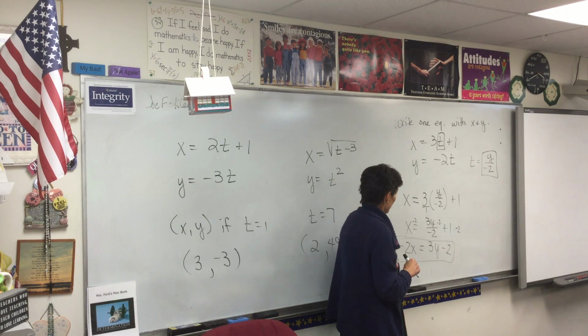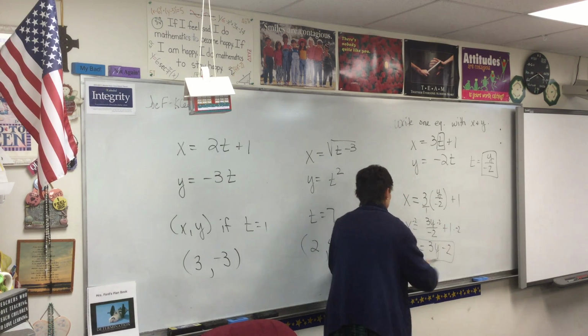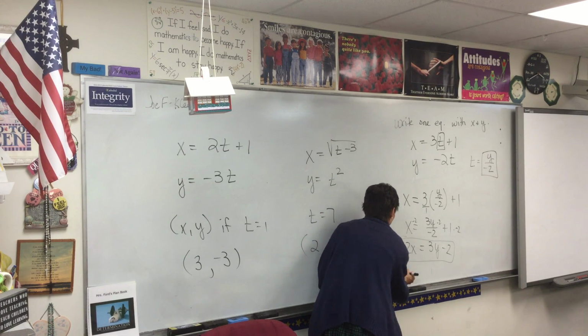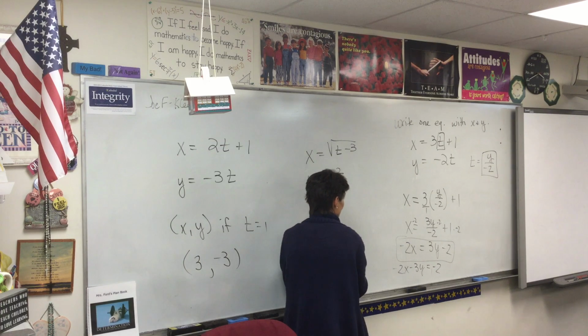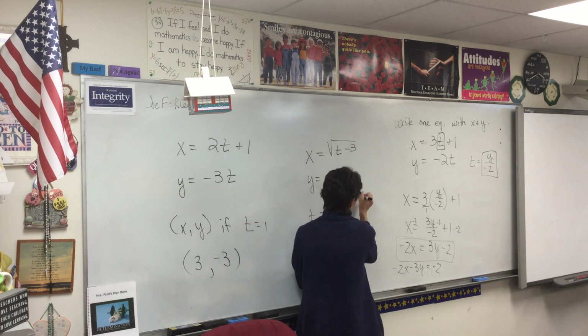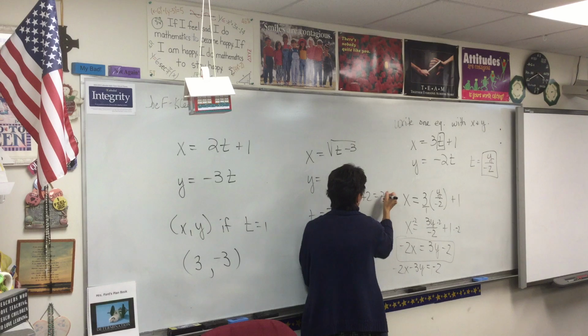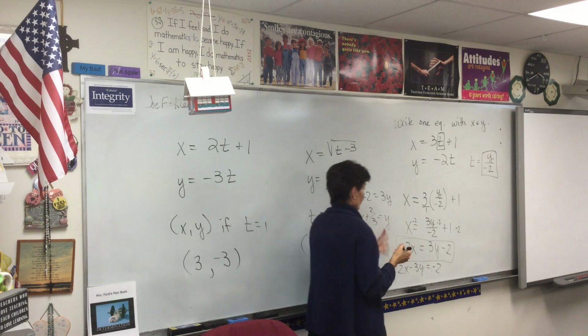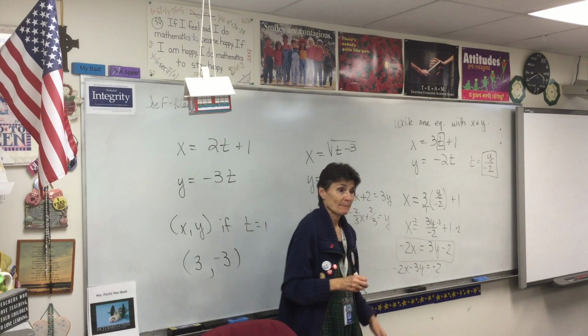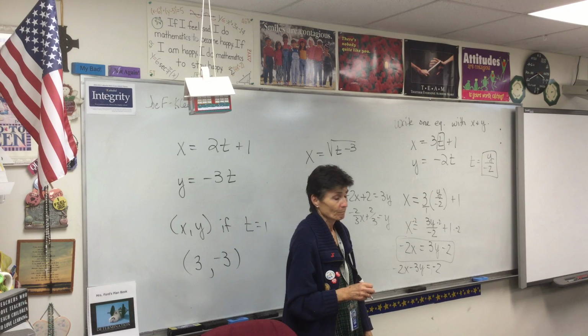Okay. But I'm okay with this and any version of that. So if you want to add or subtract 3y, I'm okay with that. If you want to get y by itself, I'm okay with that. So all of these are fine. I really don't care, as long as it doesn't have a fraction, you're fine.